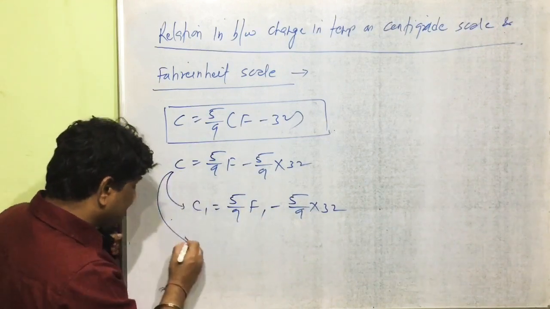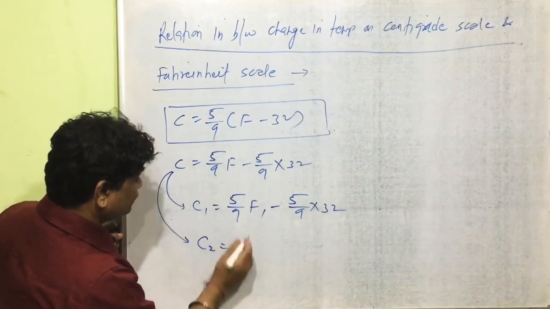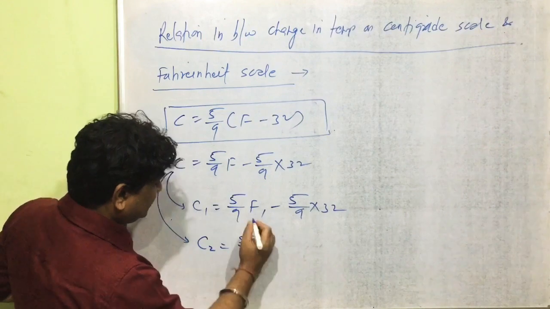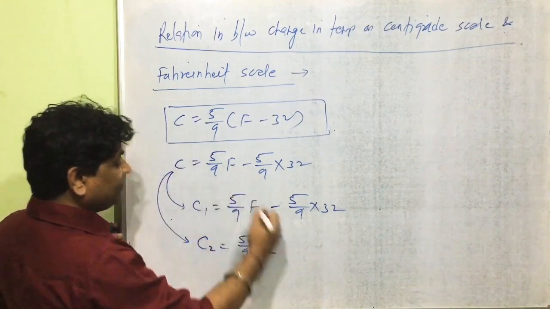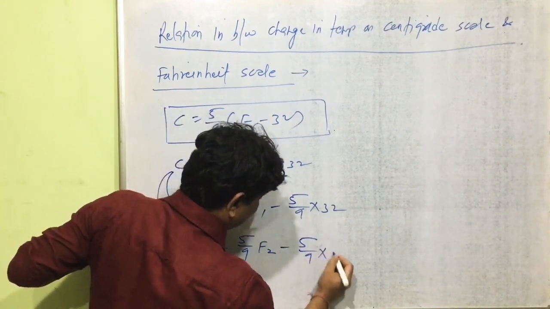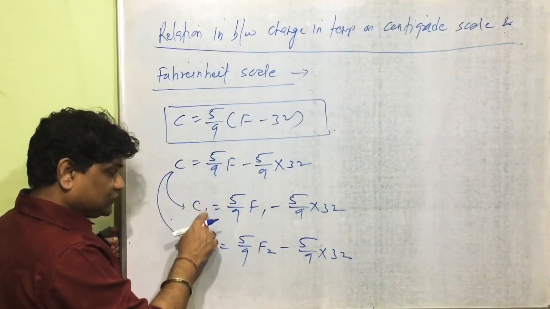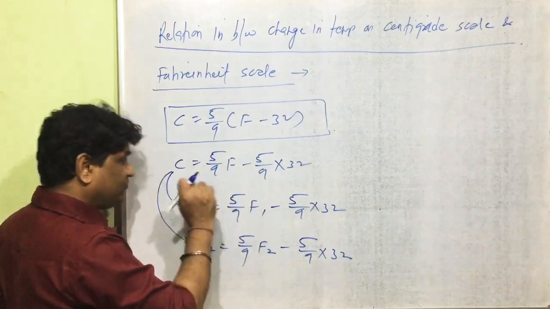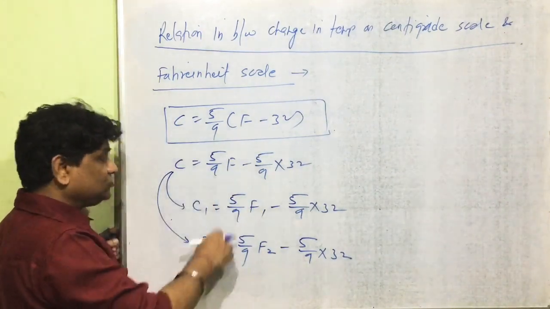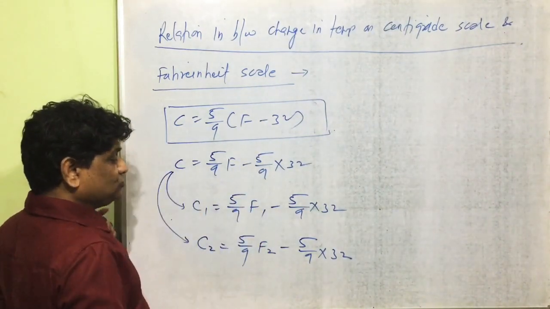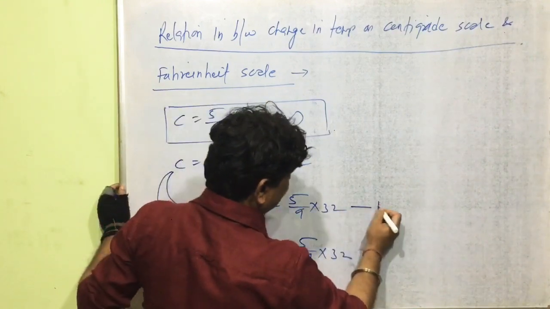In the same way, if C is equal to C2, F will become equal to F2. These are two relations we are developing here.